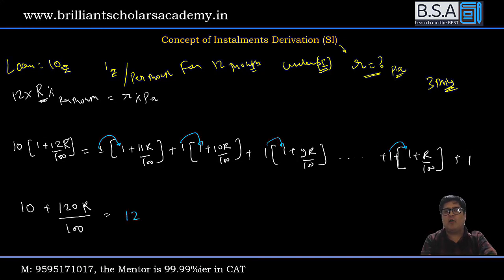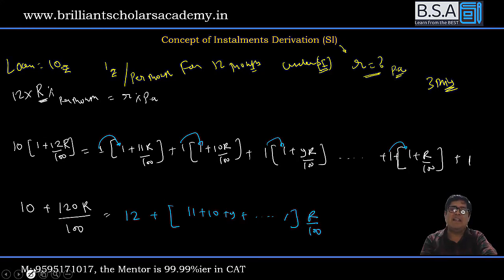So I will have total 12 rupees plus 11R plus 10R plus 9R. So what I have is 11 plus 10 plus 9, and this is R upon 100.